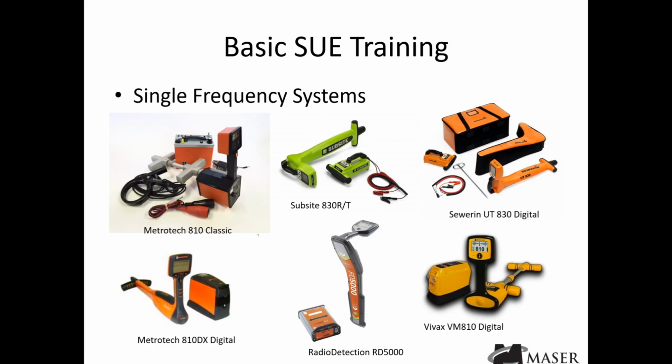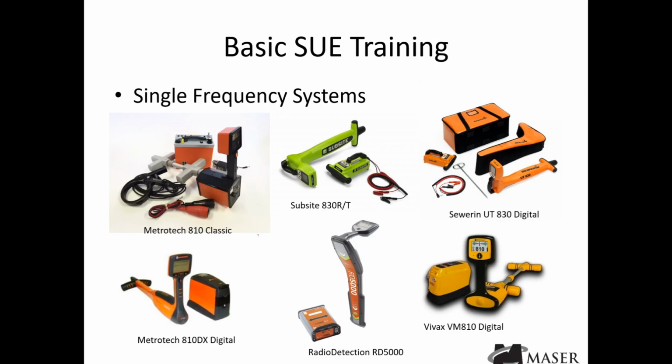Over in the lower right-hand corner is the Vivax VM810, which is now, Vivax and Metrotech are now merged. They're one and the same company. So this is basically the digital version of the 810 now in the Vivax close. And then in the middle here down below is the radio detection RD5000.